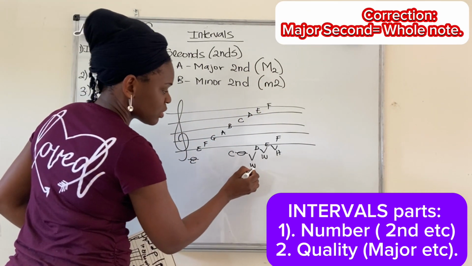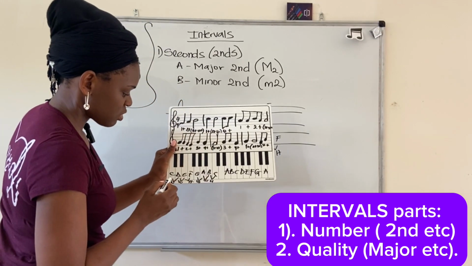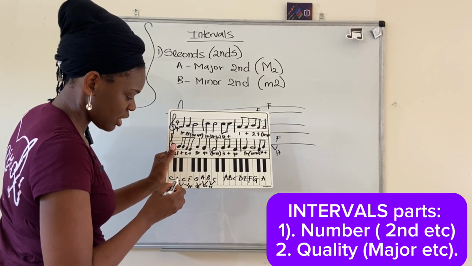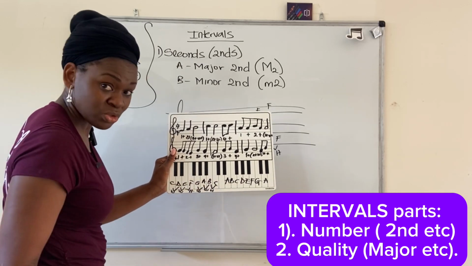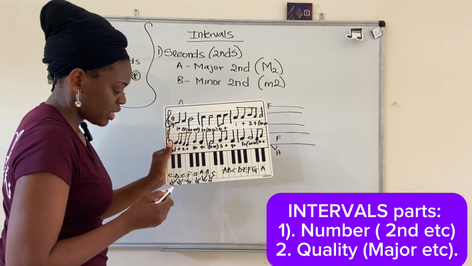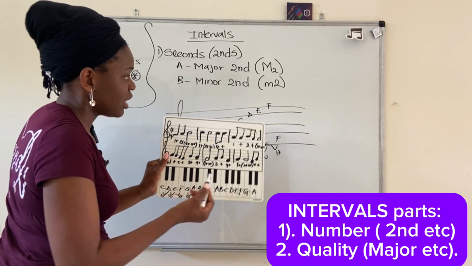It's going to be a major second if it's a whole step, from one white key to another white key, or from one black key to another black key, or the other variations that will come. I just don't want to confuse you for now. Let's say from one white key to another white key is a whole step.